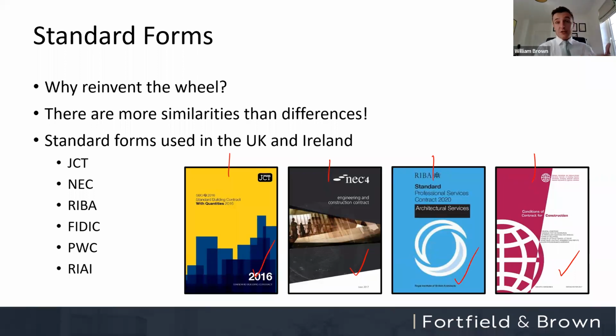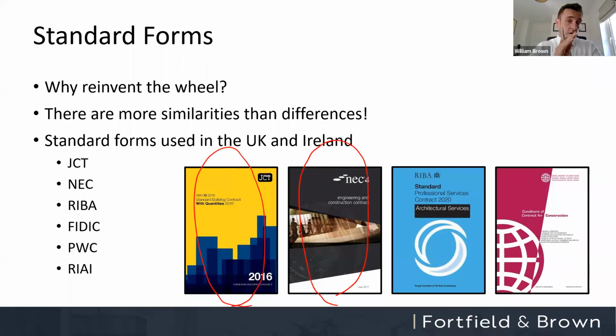To use a very topical example, COVID-19 was dealt with in completely different ways under the JCT and under the NEC. COVID-19 under the NEC was, generally speaking, a compensation event under 60.119.